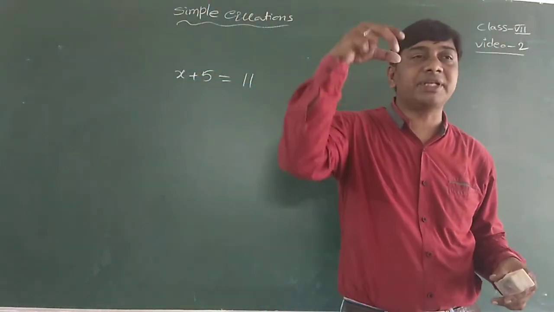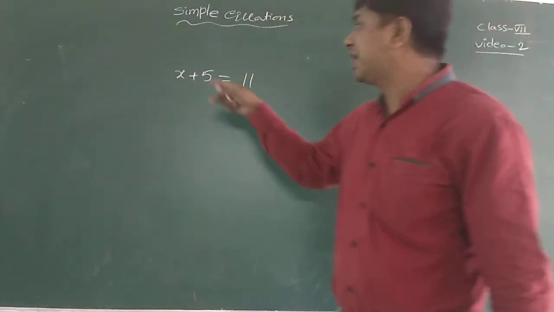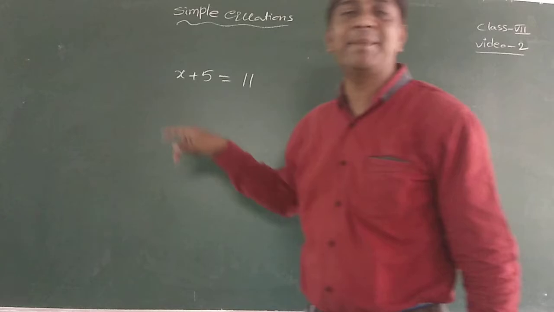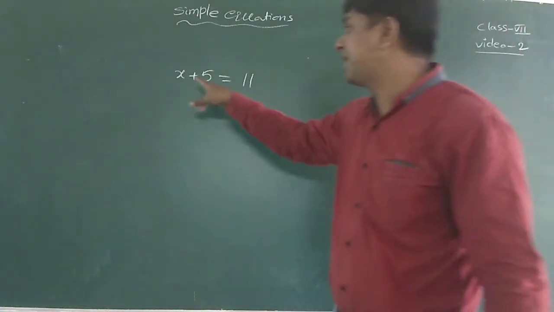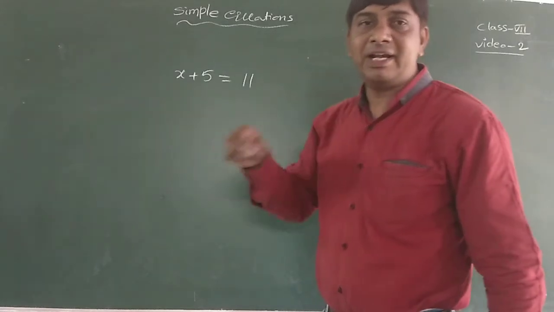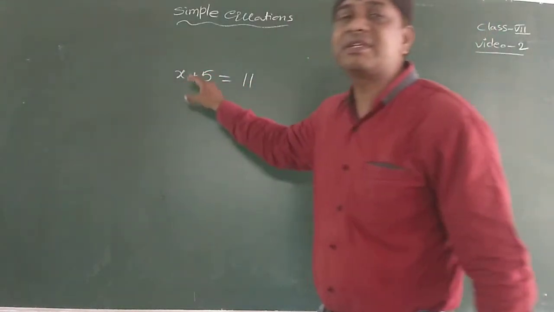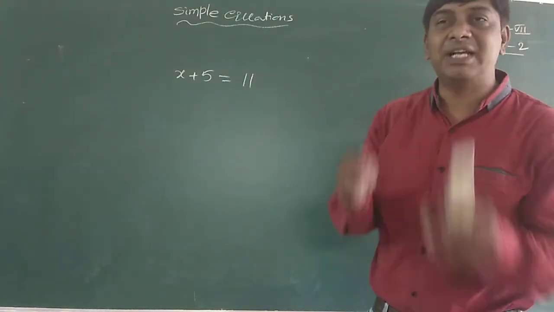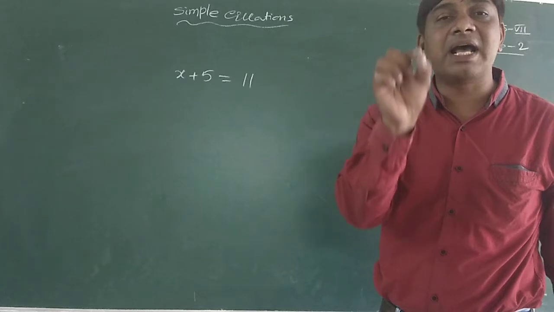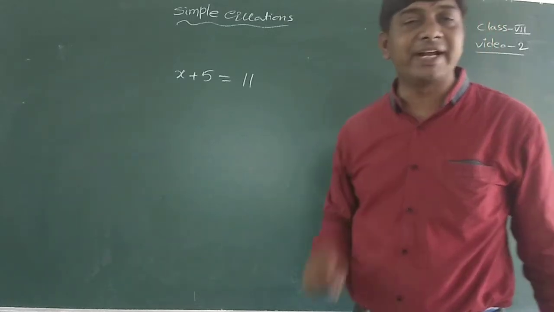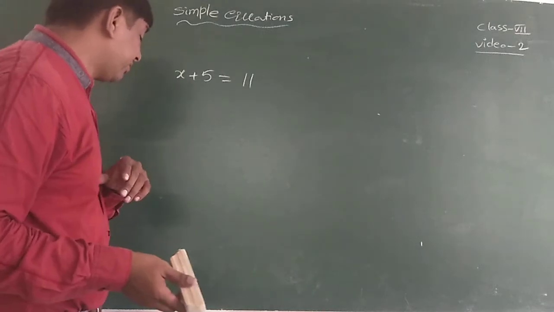Now see here, a value which is substituted in the place of the variable, and which satisfies the equation, meaning the left hand side and right hand side are equal, is called a solution of the equation.